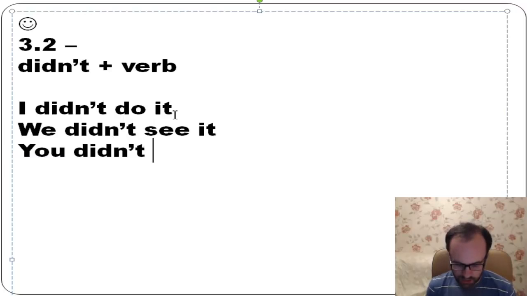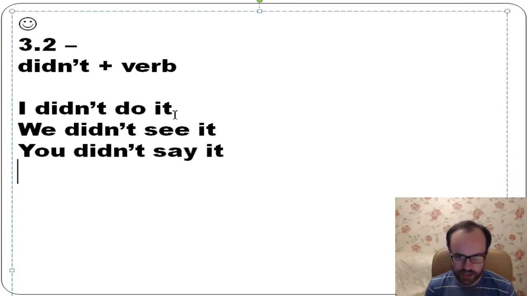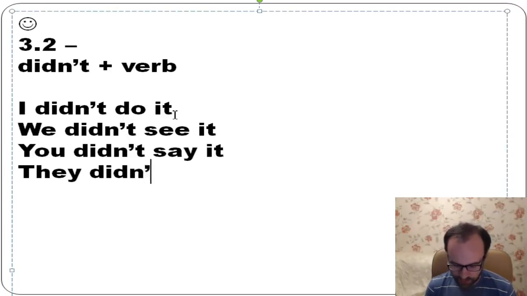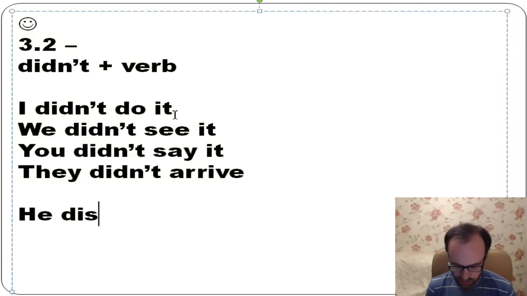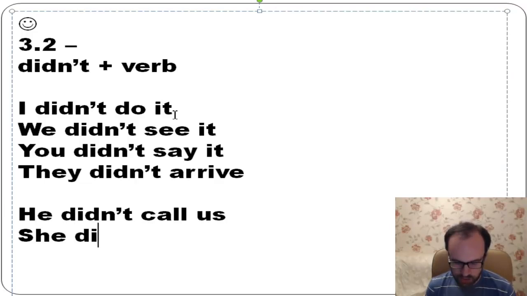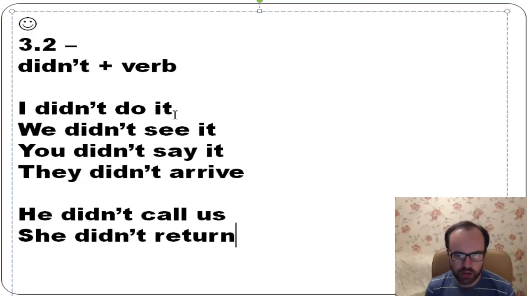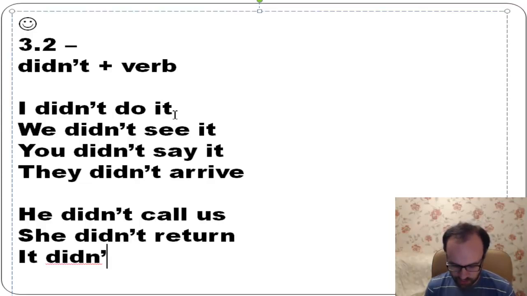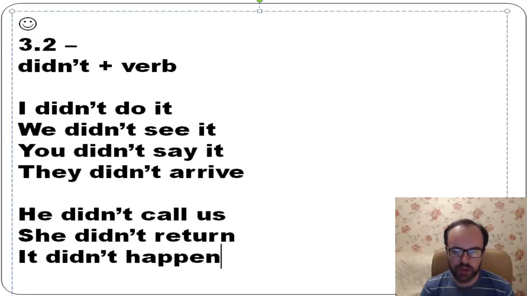You didn't say it. He didn't say it. They didn't arrive. He didn't call us. She didn't return. It didn't happen.